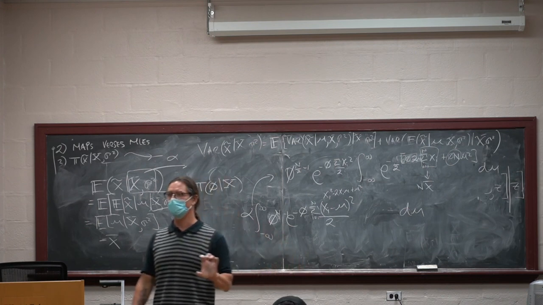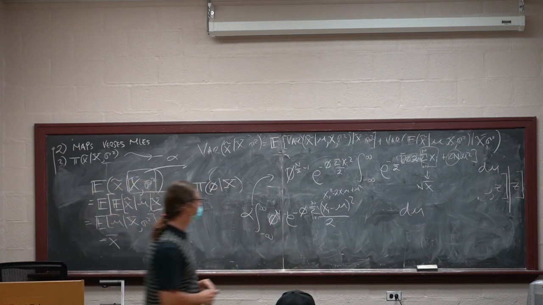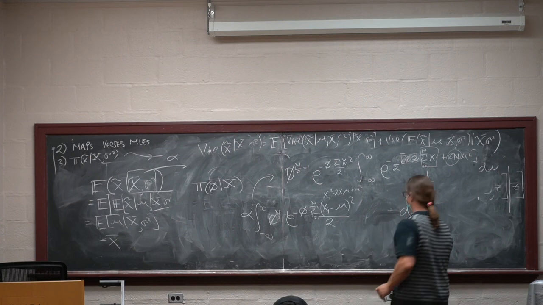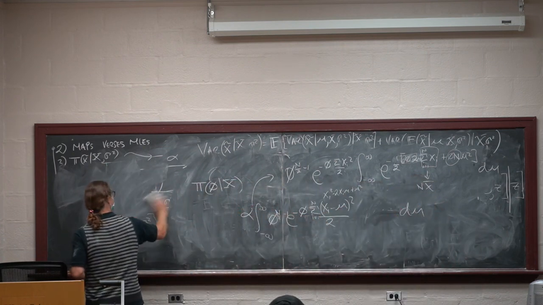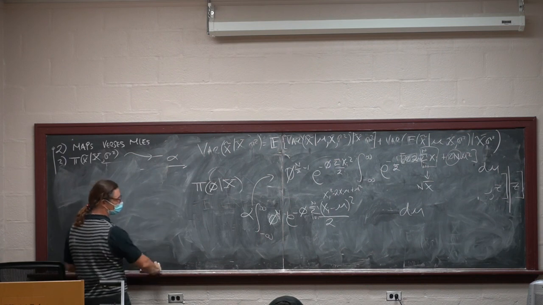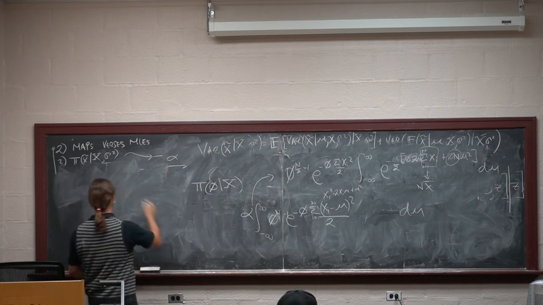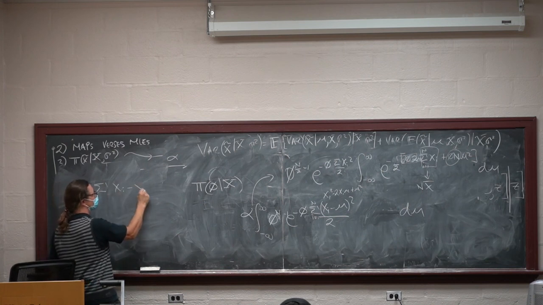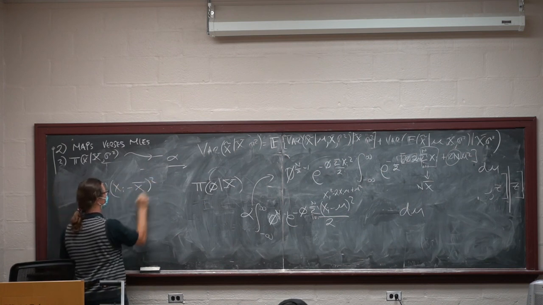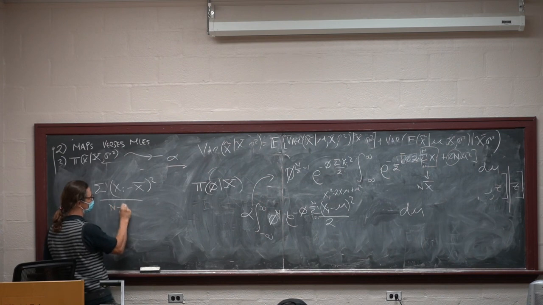S squared does pop up in here. So just keep in mind, when we write out S squared, this might be helpful for you when you're going to recognize which gamma this is. Sum of the xi's minus x bar squared over n minus 1.